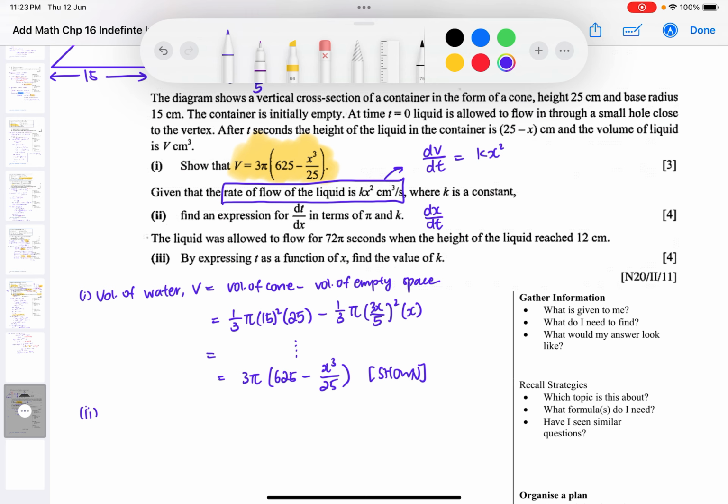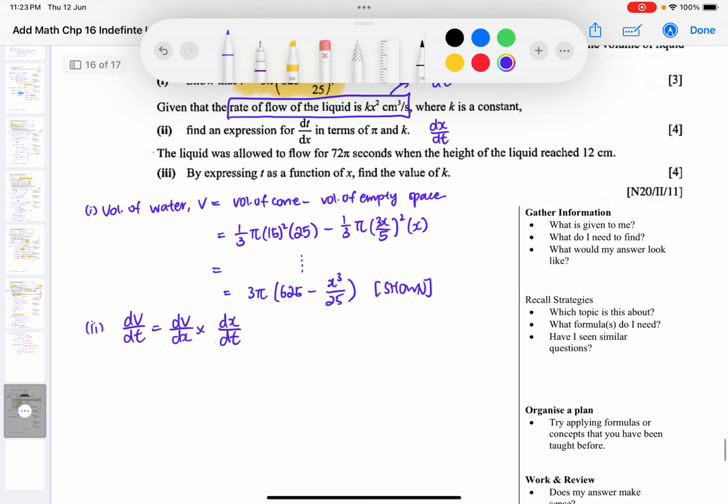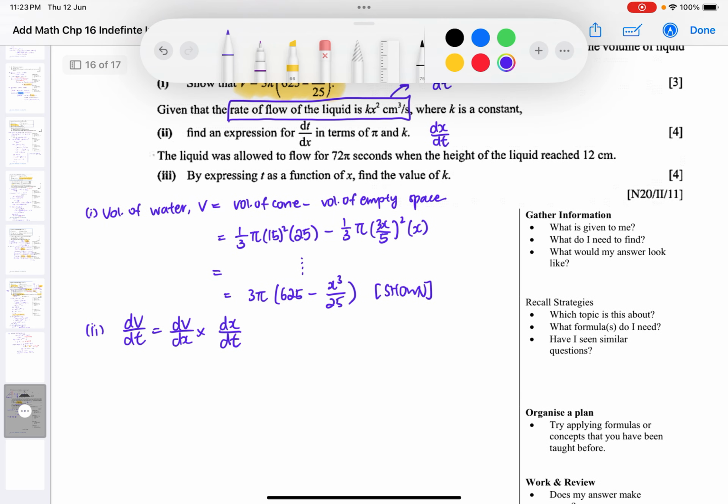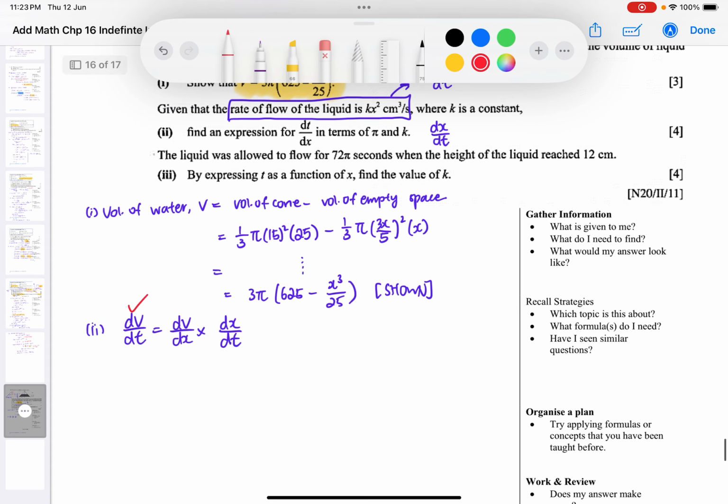All right. So what concept do we know about this? Rates of change, right? And we know that dV over dt is given by dV over dx times dx over dt, right? So from here, we are already given dV over dt. Done.